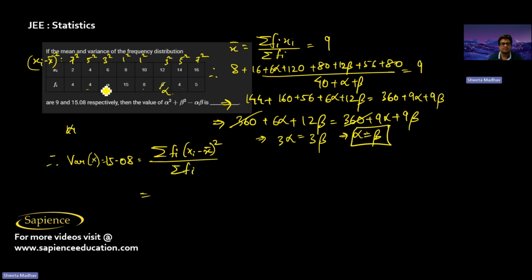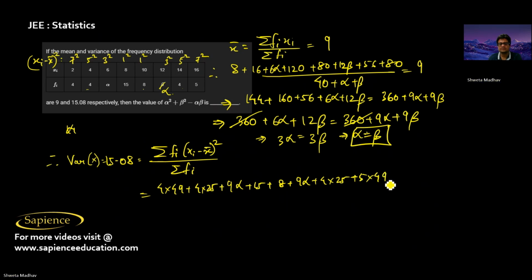So this will be 4 into 7 square, 4 into 49 plus 4 into 25 plus 9 alpha plus 15 plus 8 plus 9 alpha plus 4 into 25 plus 5 into 49.